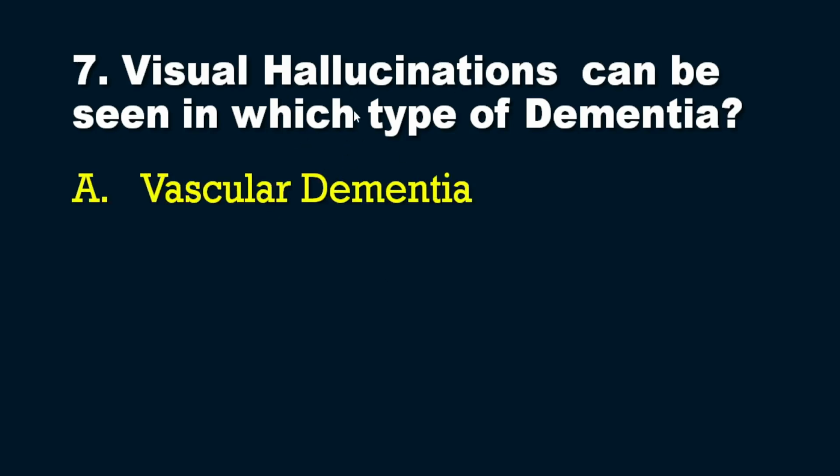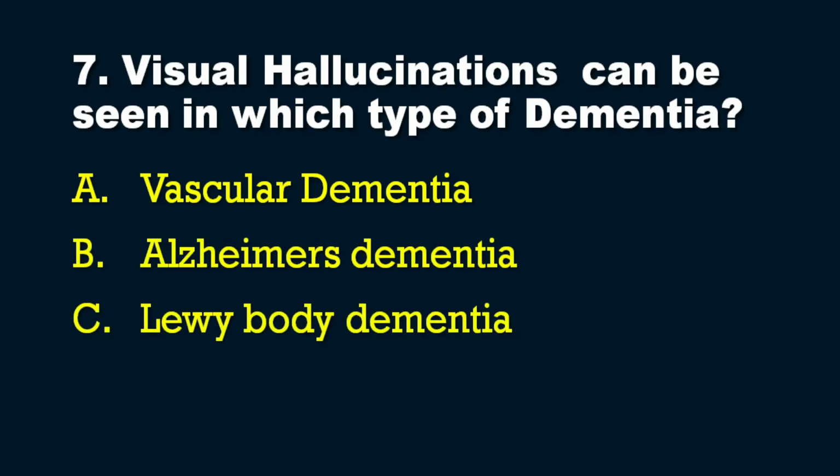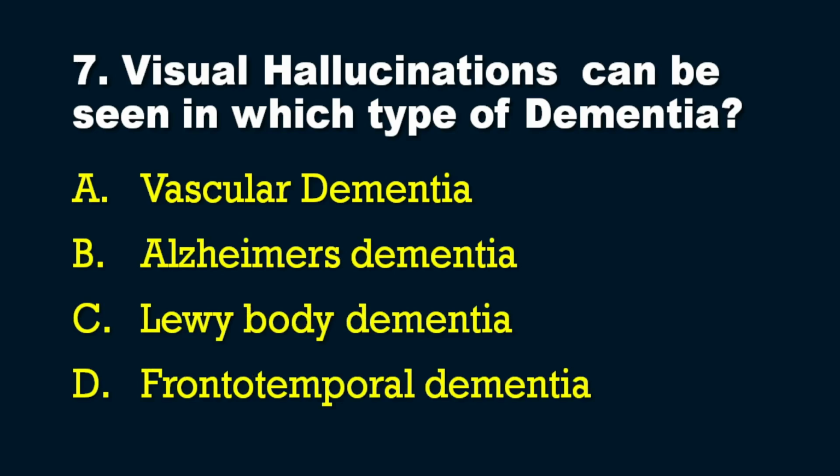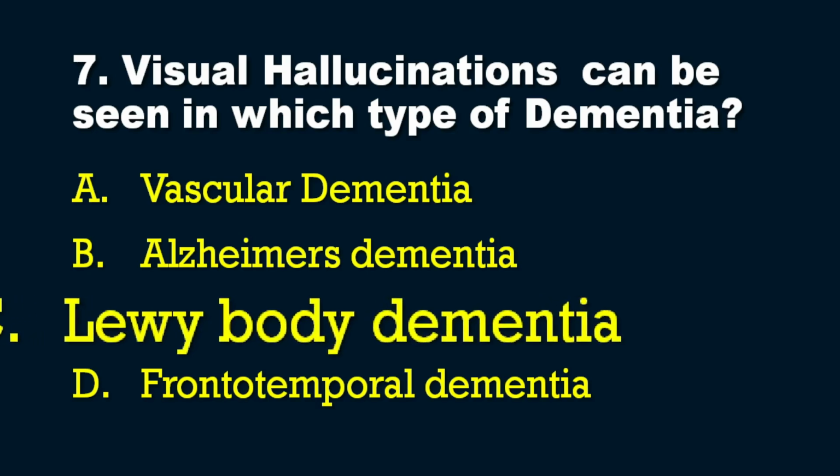The options are A, vascular dementia, B, Alzheimer's dementia, C, Lewy body dementia, and D, frontotemporal dementia. Slightly confusing, but you should mark up this question as it is very important. The answer is option C, Lewy body dementia.